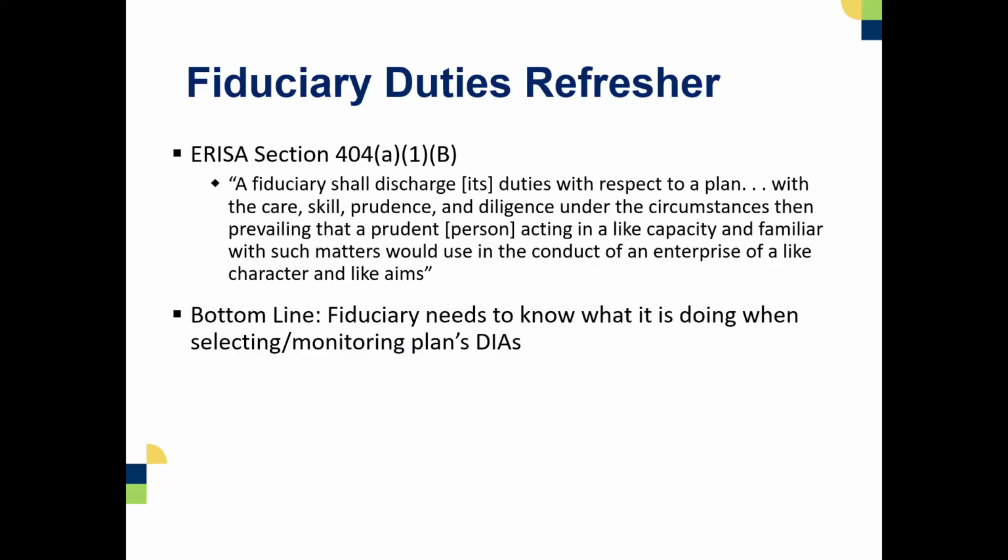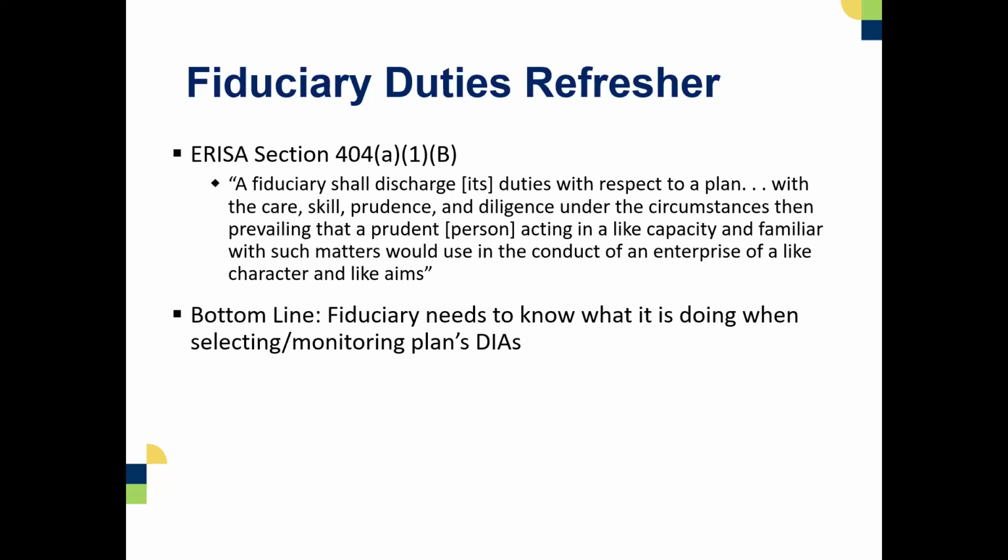And so we need to know what the prudent person rule is, and it's defined in ERISA. Rather than read the definition of the prudent person rule, I like to think about it, bottom line, as the fiduciary just needs to know what it's doing when it's selecting the plan's designated investment alternatives.